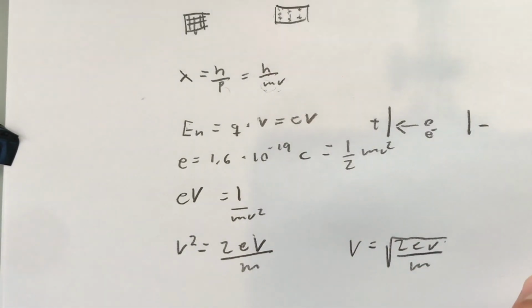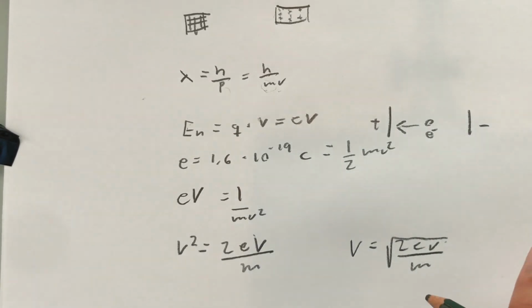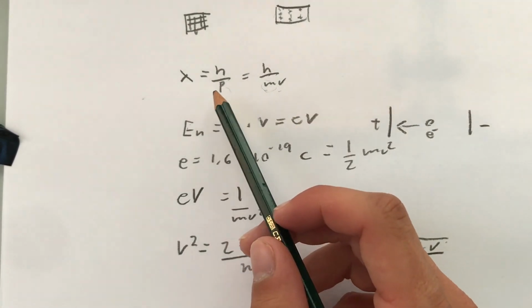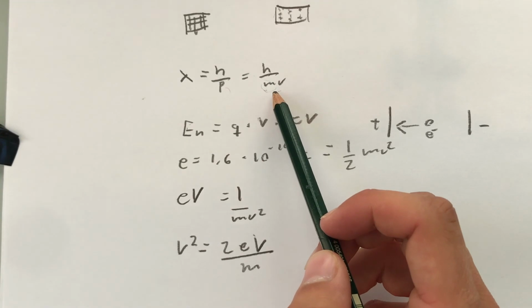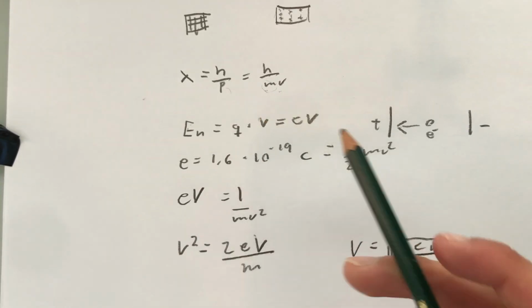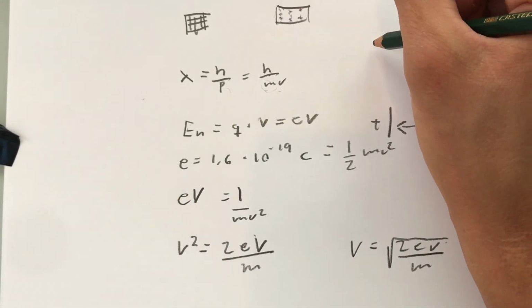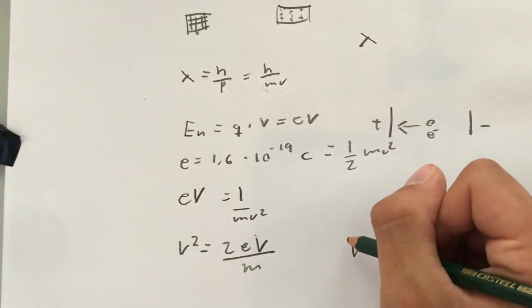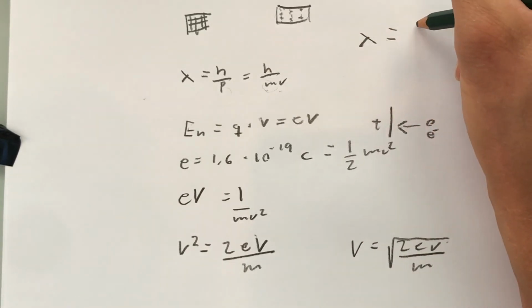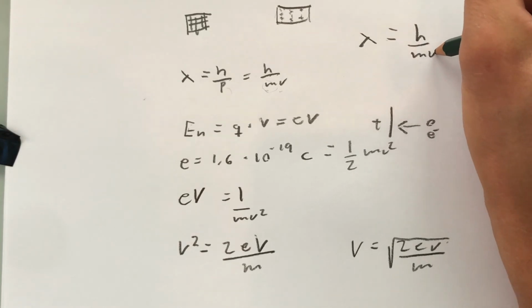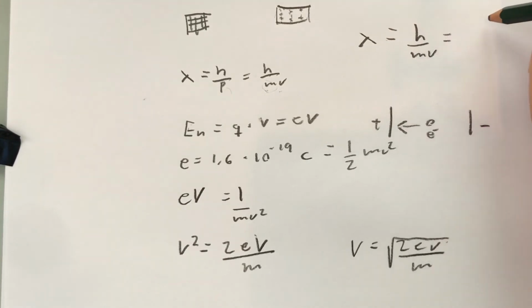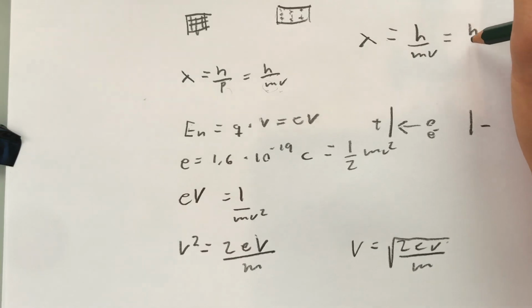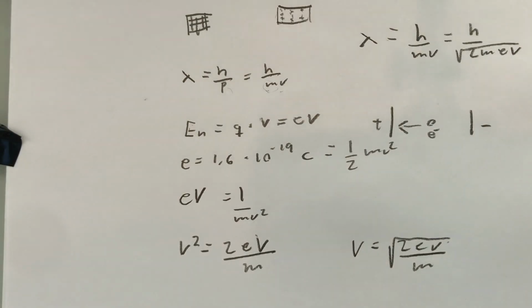So as I said before, the wavelength is h over mv. So this should then simply be lambda. With the new velocity term, it is h over mv, and that is h over the square root of 2meV.